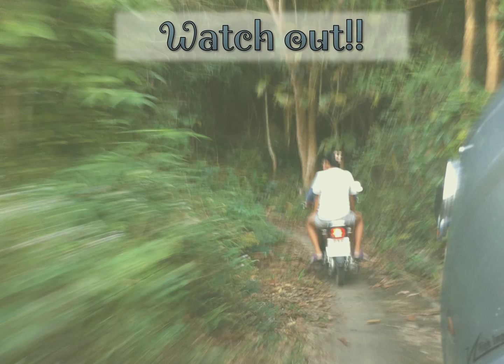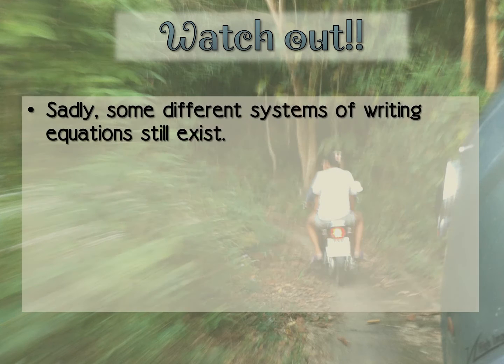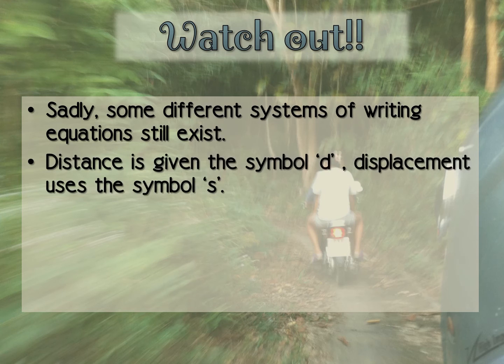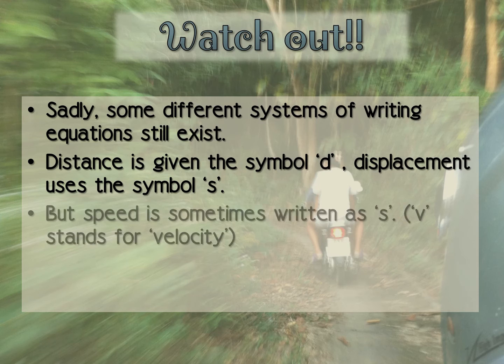So you need to be careful when you're dealing with some equations, because unfortunately different systems of writing equations still exist. So distance is given the symbol d, but displacement uses the symbol s. Unfortunately, speed also sometimes is written as s, and v, as we saw in the last slide, stands for velocity.